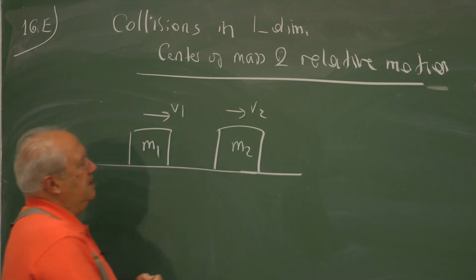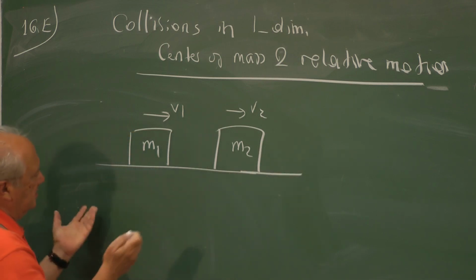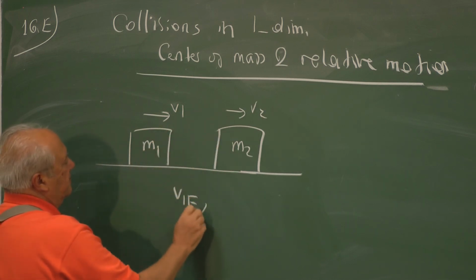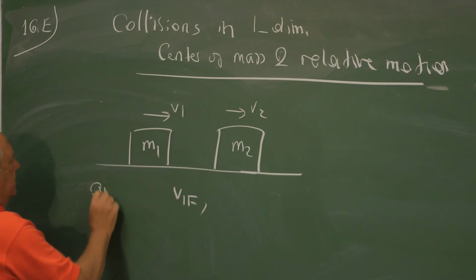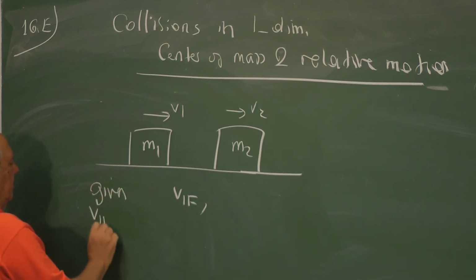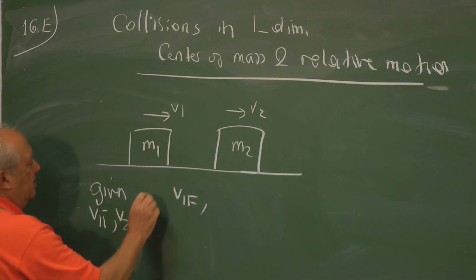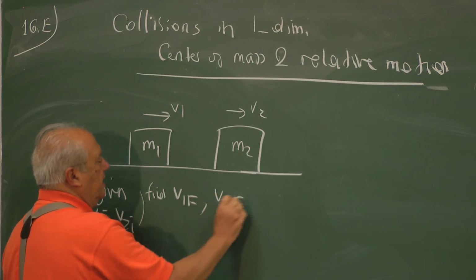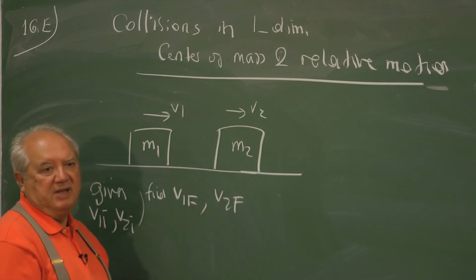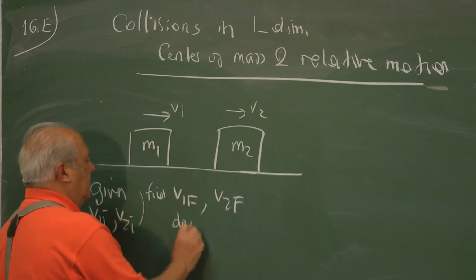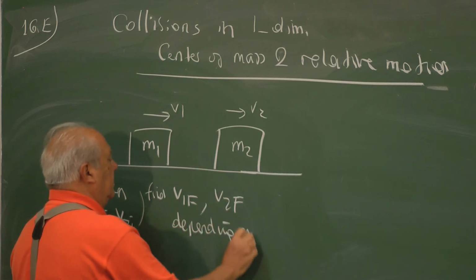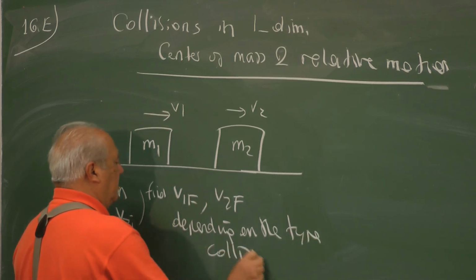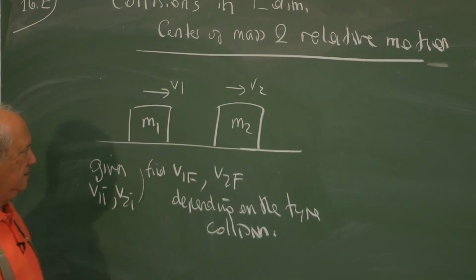And the problem is, given v1 initial and v2 initial, find v1f, v2f, depending on the type of collision. So we will explain all this.